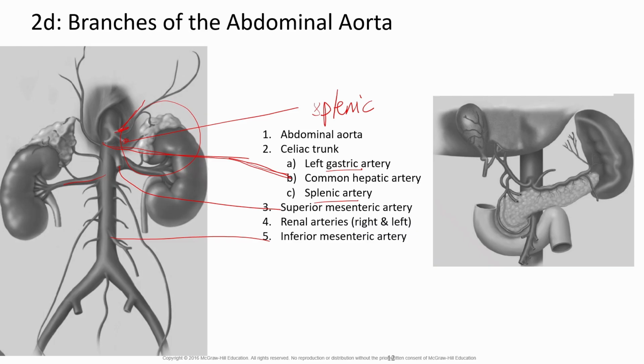So I can also label the same things here. My left gastric artery, that's that one. My common hepatic artery, again, the hepatic artery here. If you think about it, your stomach is on the left, your liver is on the right. So there you go. That one becomes my hepatic artery, and you can see it go towards the gallbladder.